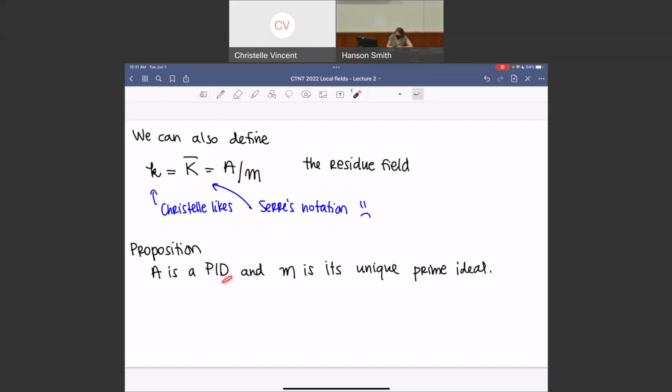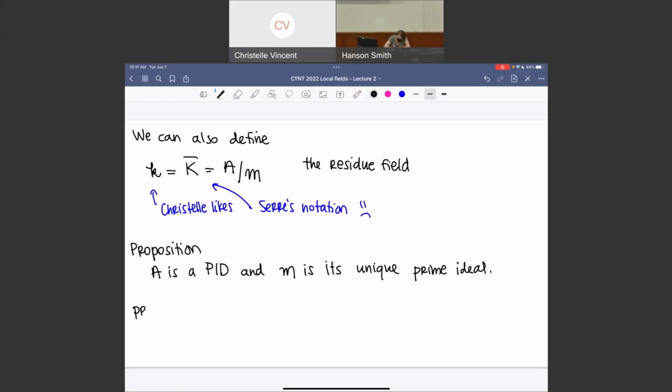Okay, so it's certainly a domain because it's inside a field, so there's not going to be any zero divisors. So we already put ourselves outside of that horrible situation. So we just need to show that all the ideals are principal and that this ideal is prime.